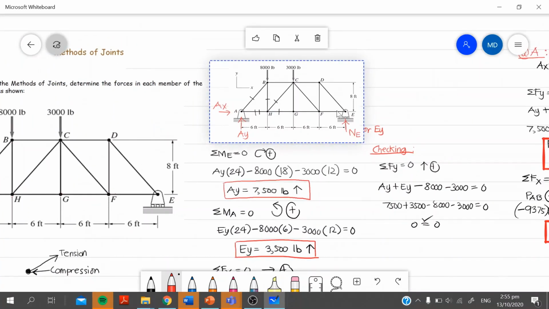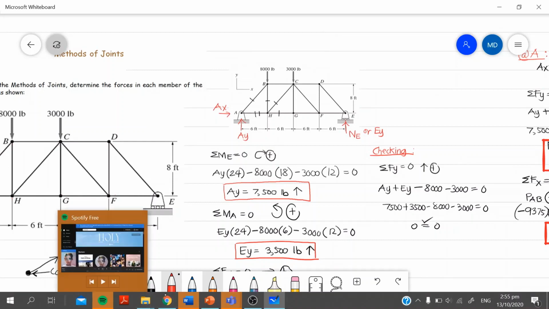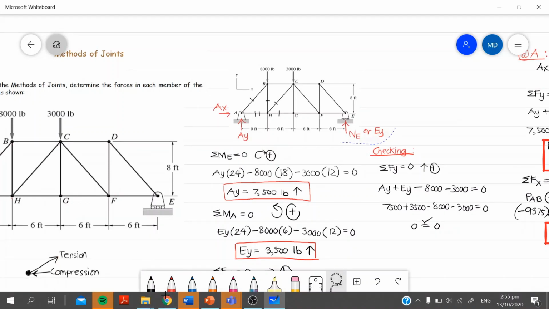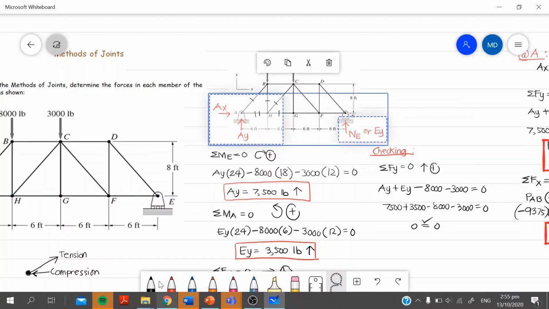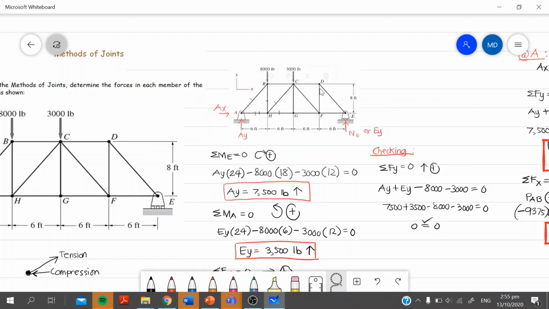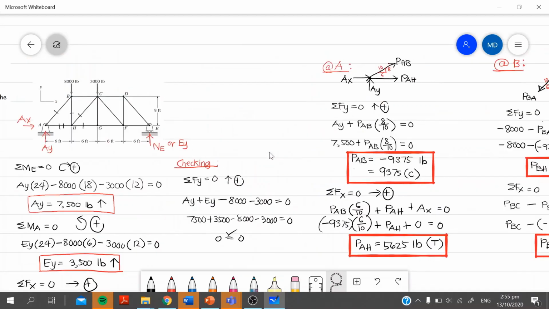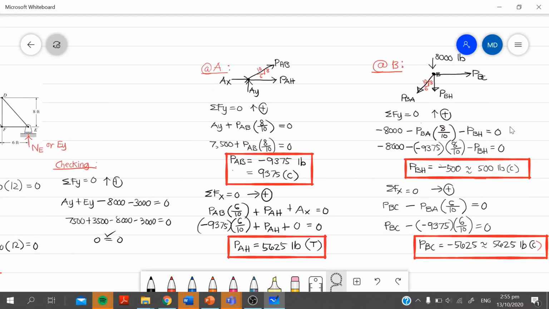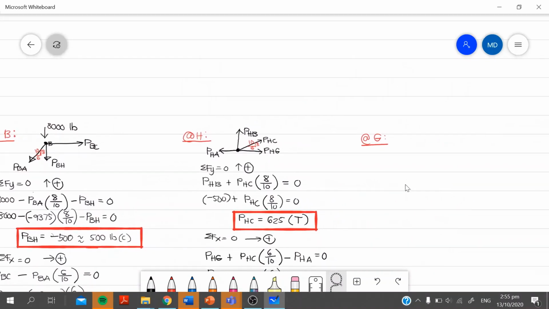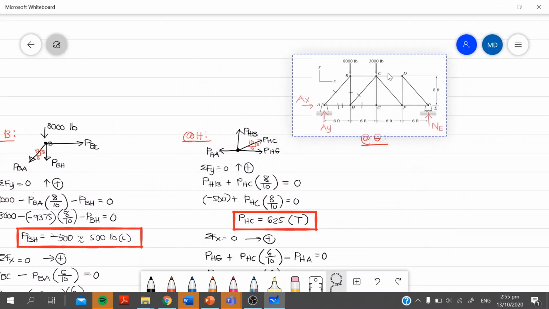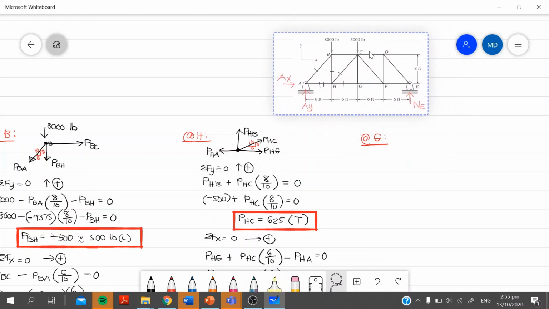So, copy ko na lang to para dali lang makita.